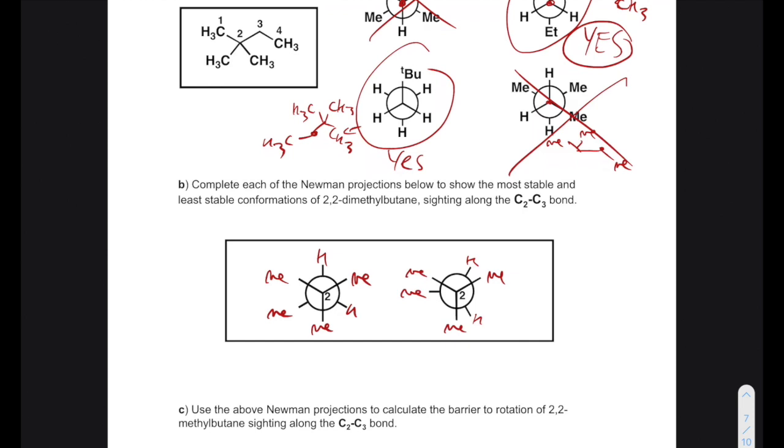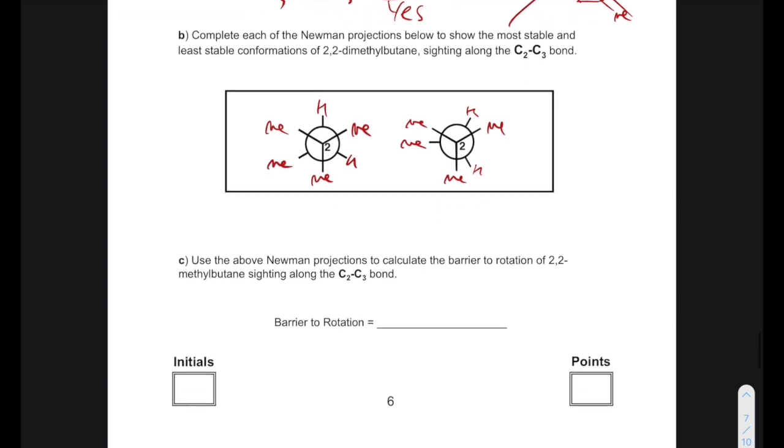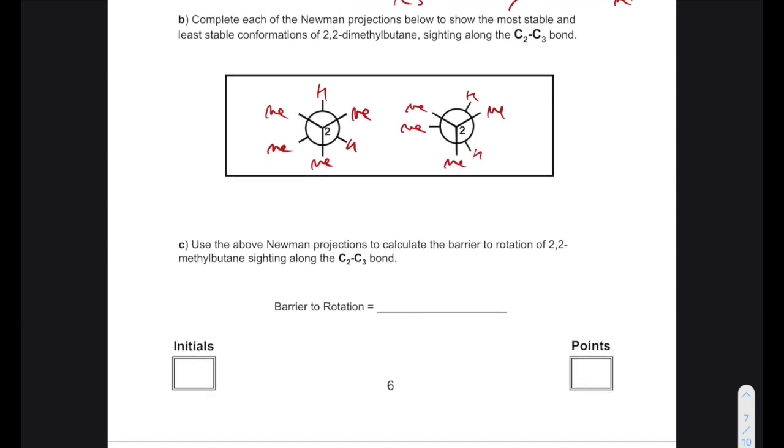If we now look to calculate this question, what we need to do is actually know the energies of these 2 gauche interactions and the eclipsed interactions between the 3 of these. We need to know the energies of these. So if we think about the first gauche interactions, there are 2 of them. This would be, in my mind, sufficient to solve the problem, just knowing that there are 2 gauche interactions.